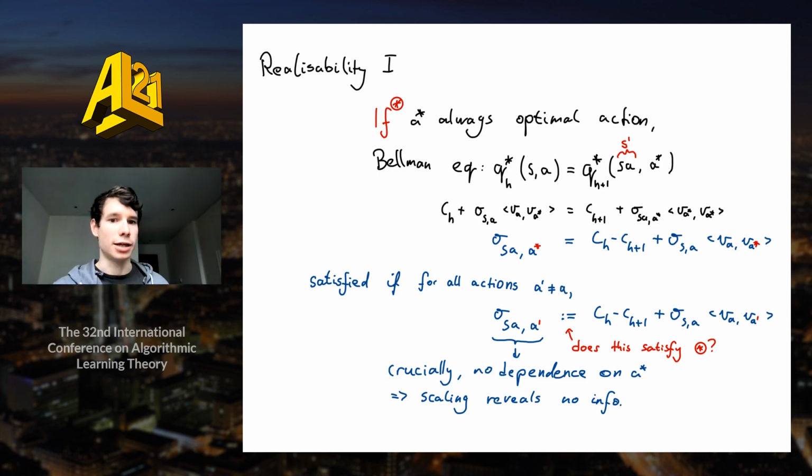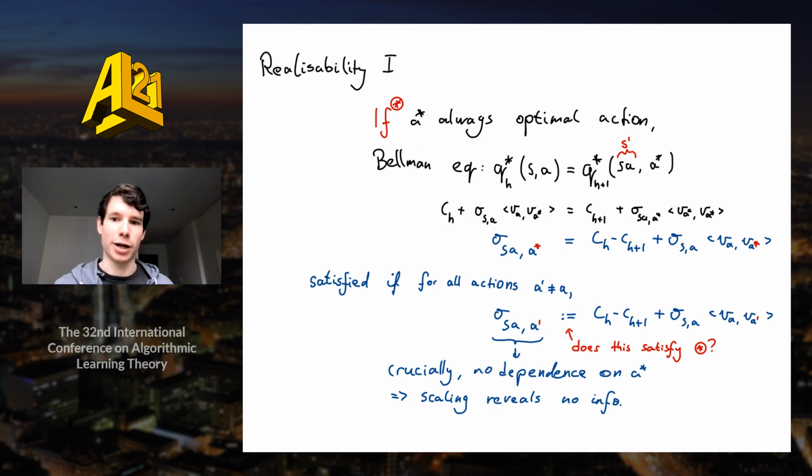But if this is the case, then what does the Bellman equation look like? Well, we no longer have a max operator because always A star is the optimal one. So what it looks like is that the Q star of s and a at stage h will have to equal the next state Q star for action A star. And the next state we denote by sa because we have deterministic transitions.